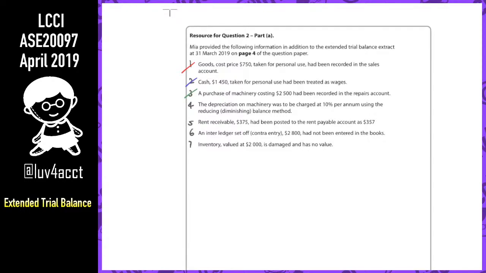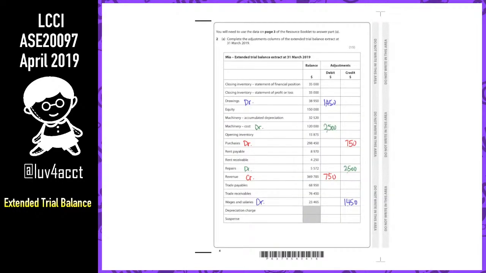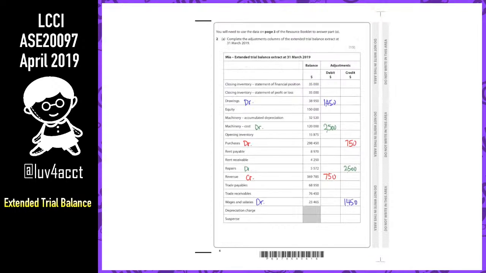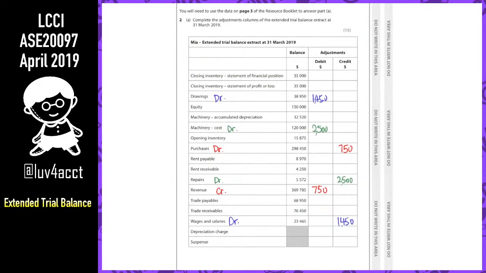The depreciation on machinery was to be charged at 10% per annum using the reducing balance method. We have to see if we have to make the adjustment or provide depreciation from scratch. We can see here depreciation charge, there is nothing. That means depreciation is not yet charged. 10% reducing balance method.